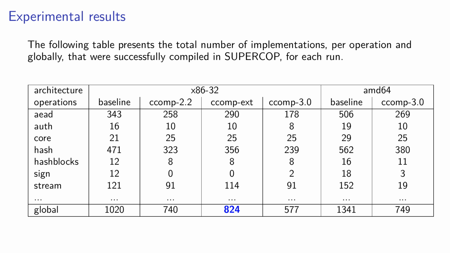But we can see significant increases in coverage across several operations, more precisely the AEAD, or authenticated encryption with associated data, hash and stream operations. As for the global coverage value, we were able to compile 84 additional implementations due to the support of intrinsics in our tool, when comparing with the CompCert version that served as basis for our work, namely the version 2.2.